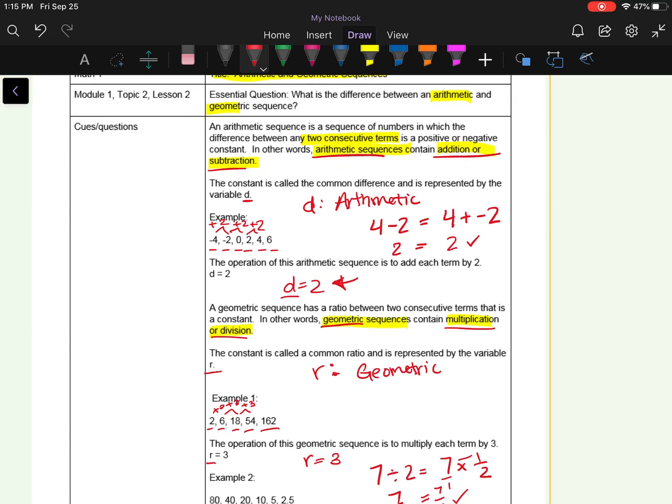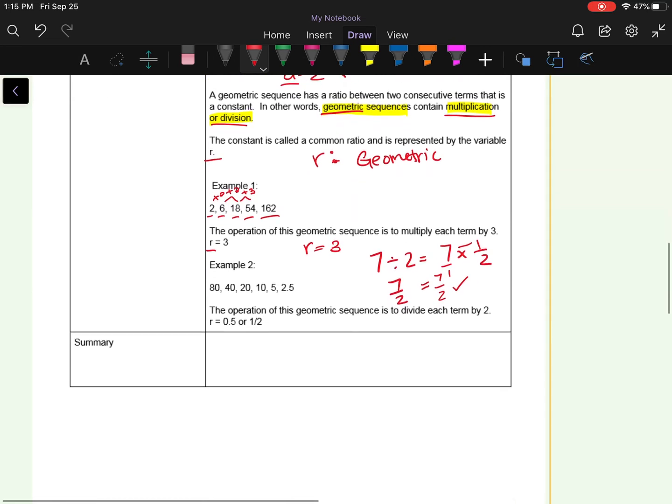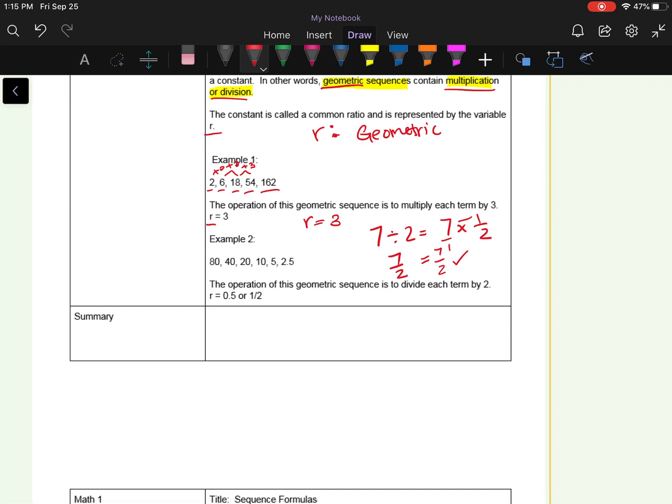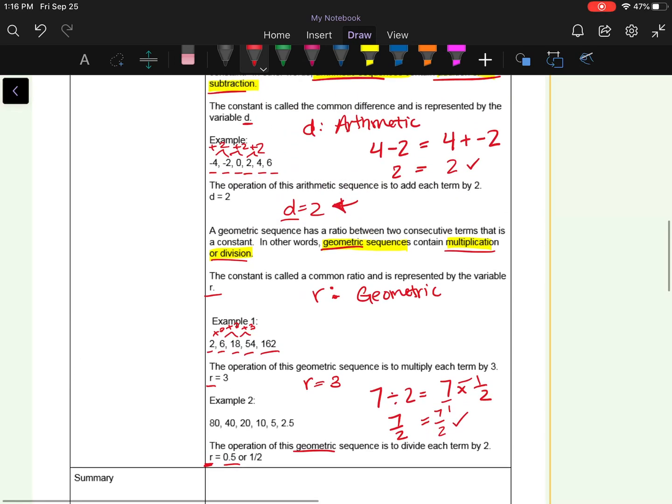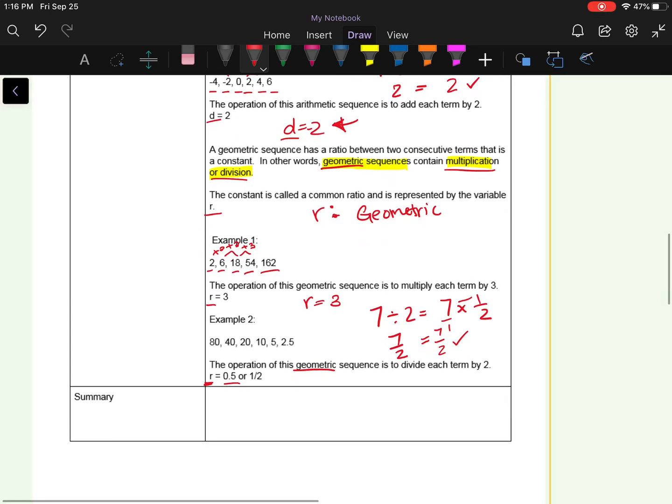So you can express subtraction as an addition problem of a negative, and you can express a division problem as a multiplication problem of a fraction. That's helpful when you're expressing your r's. When you say geometric sequence, r equals 0.5, you would express it that way. With your d over here, if it was a minus 2, you would say d equals negative 2. Okay?